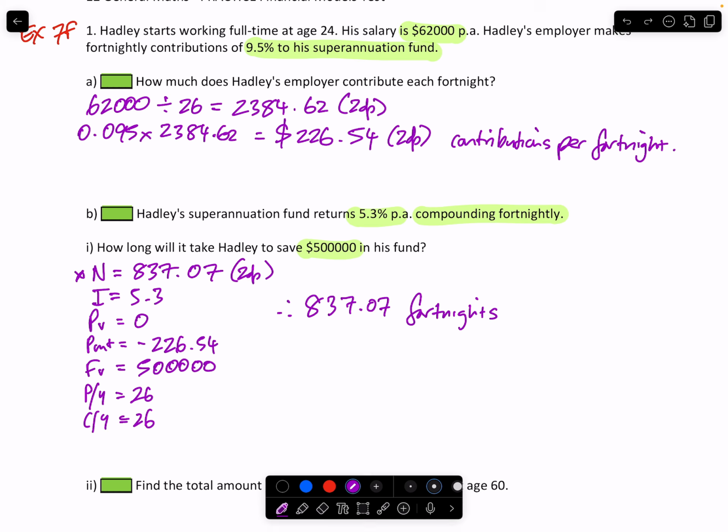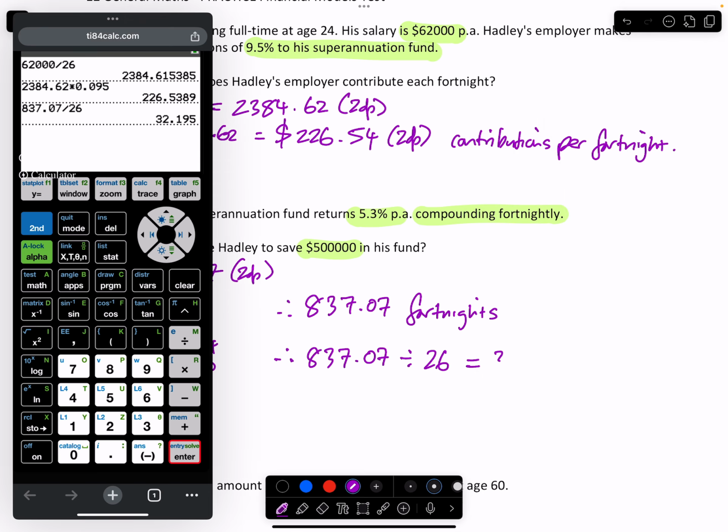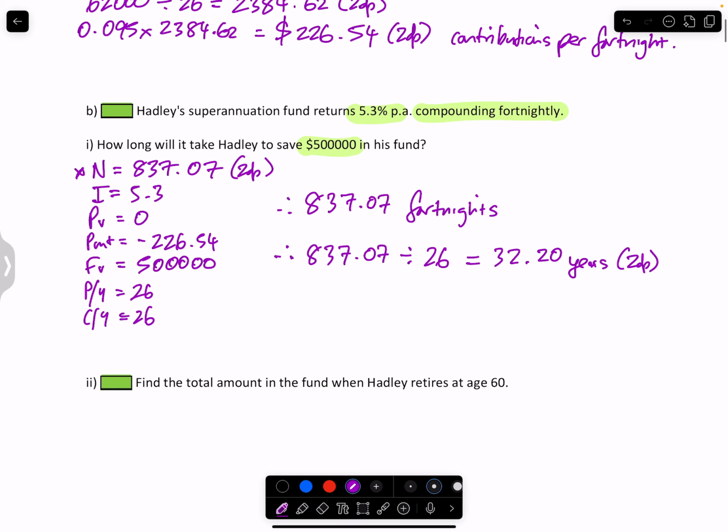But it's easier for people to think in years, so you go 837.07 divided by 26 equals 32.20 years to 2DP. Okay, that's how long. That one done.